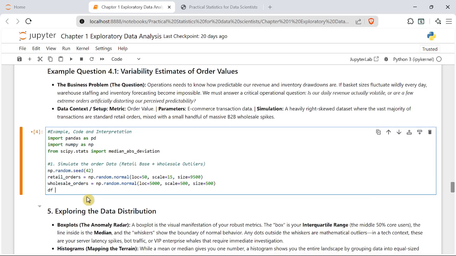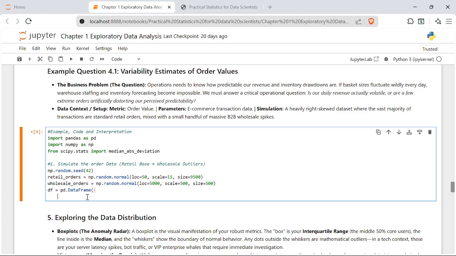So we create the data frame, df equals pd.DataFrame, order value, np.concatenate, retail orders, comma, wholesale orders.